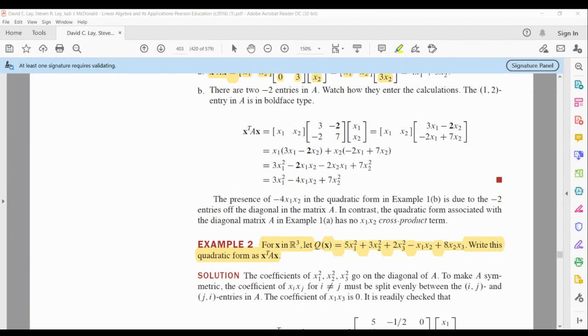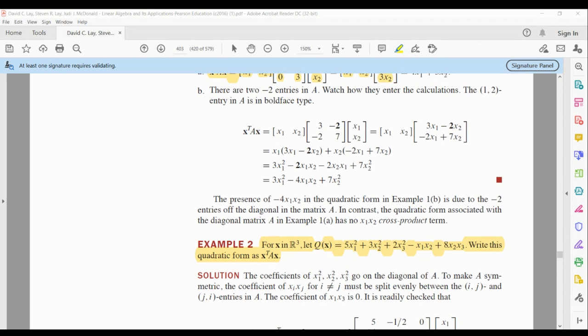Those are non-cross product terms, and the diagonal entries of the matrix A go with the values in front of those terms. But now, how many cross product terms do we have in this Q of X, in this quadratic form?